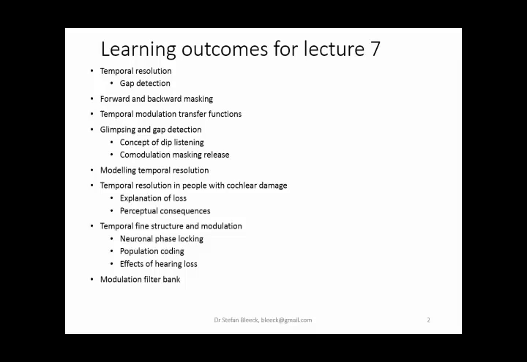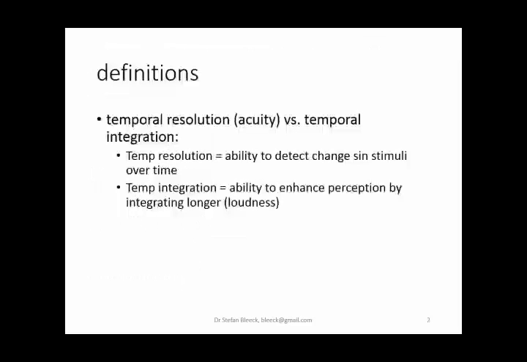I based this lecture again on the Brian Moore book, but there are also a number of issues from other books. I will upload one of the chapters from Chris Platt's book, which is really good on the temporal aspects.